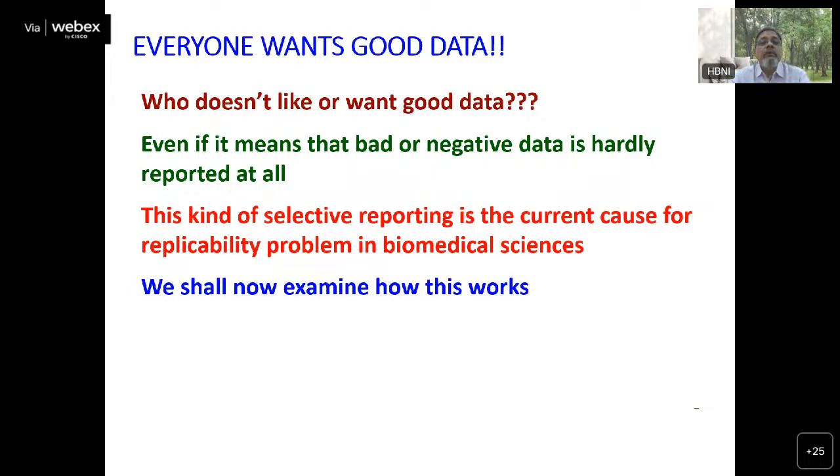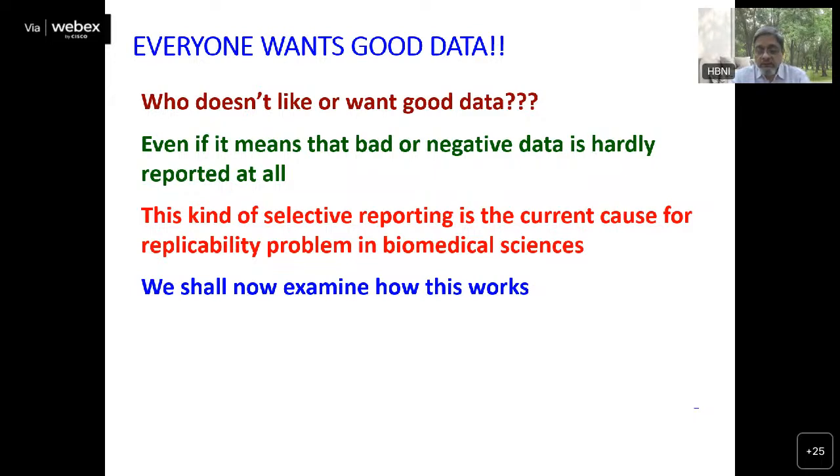Now if you have intentionally suppressed some data in your manuscript and published only a part of it, selectively, it can never be replicable. You cannot replicate that result. So this is what is called a replicability problem.